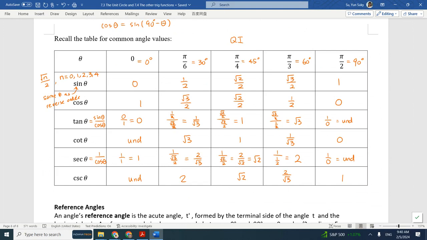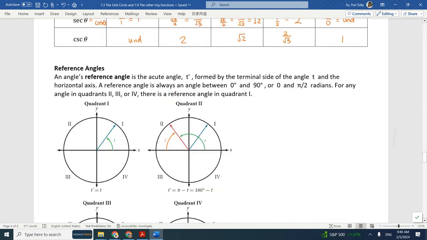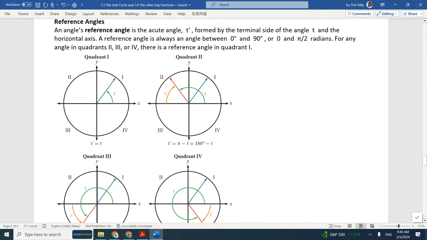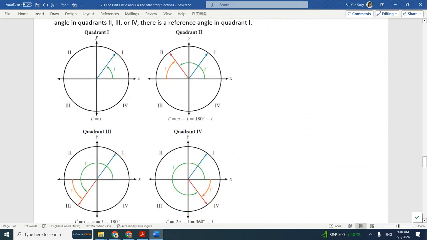Okay, so we are familiar with the values in quadrant 1. Then using the reference angle, we can find the values of all the other quadrants. So let's find the relations. Okay, so T is the angle. Let's look at quadrant 1.